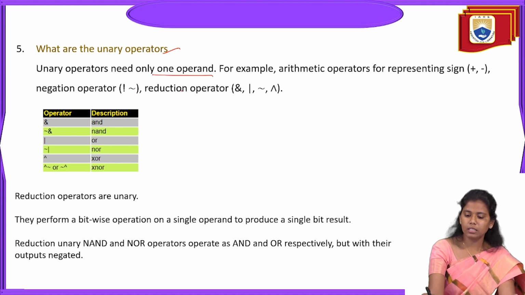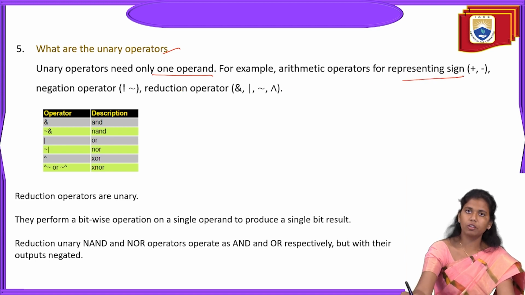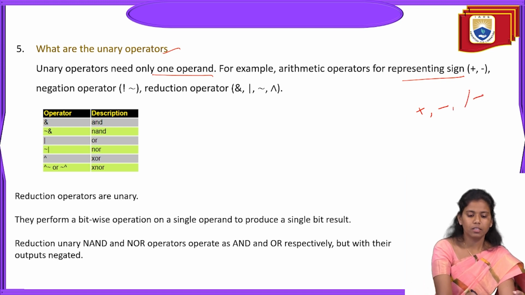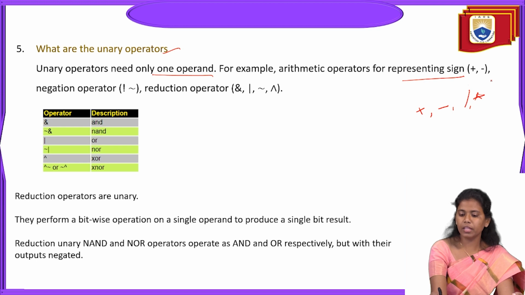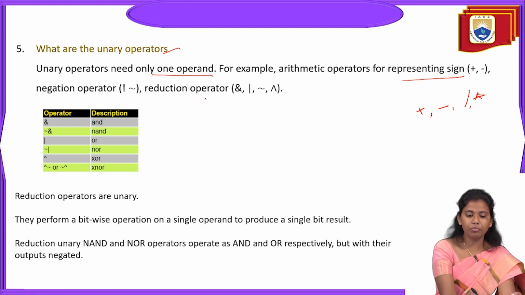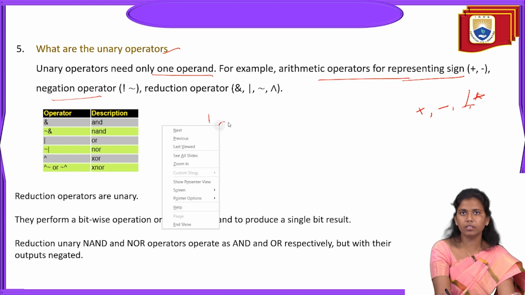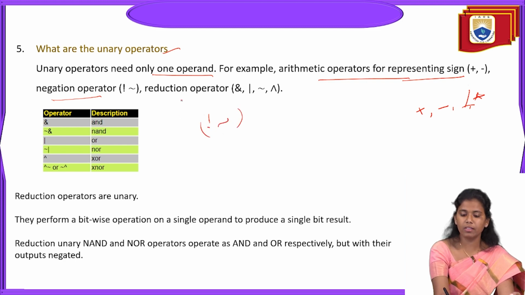For example, for arithmetic operators, in order to represent them, we go with plus, addition, subtraction, multiplication, division and so on. And for the negation operator, obviously, we will represent it with the negation sign. And then the reduction operators, this is how we represent the reduction operator.